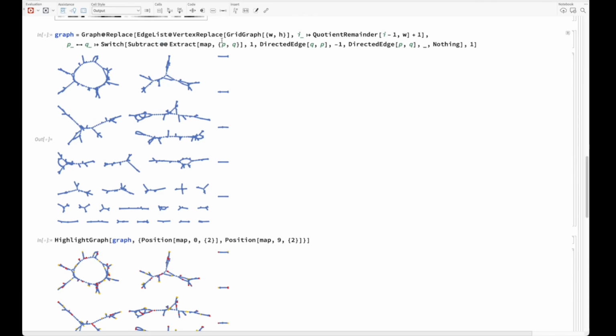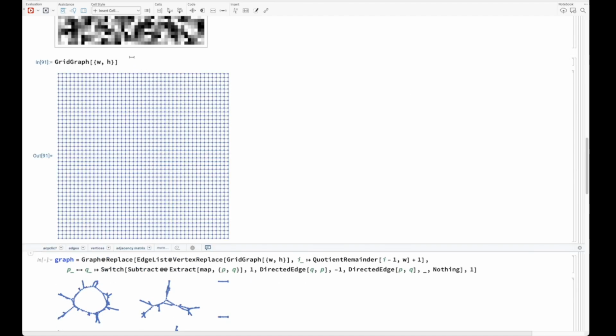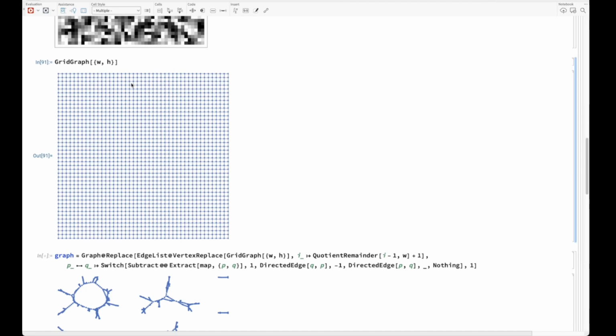So basically, I constructed it from the grid graph. It's like some surgery on the graph. You start with a grid graph of the size of the map, and then you just remove all the edges that are disallowed, that correspond to a movement higher than 1 unit of height.